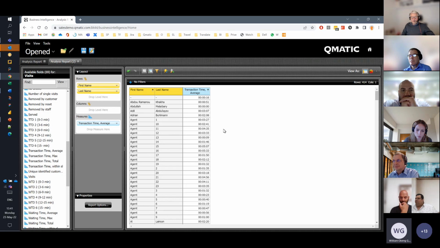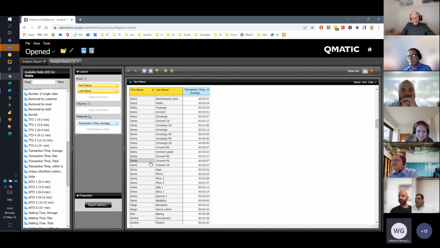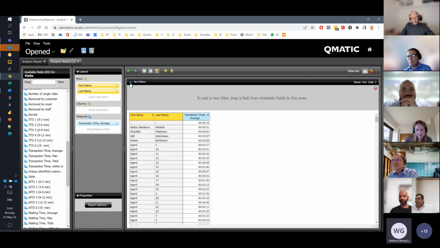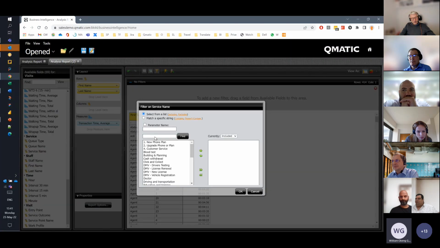But of course, now I look at all the staff members in this system, and you might recognize some of the system people. Dasha, you serve customers. I knew it. So what you normally do is actually look at this for a specific service, for one of the services. So I just take one. Where is service name? I don't know which one we should do. Should we do building and planning again? Oh, this one.